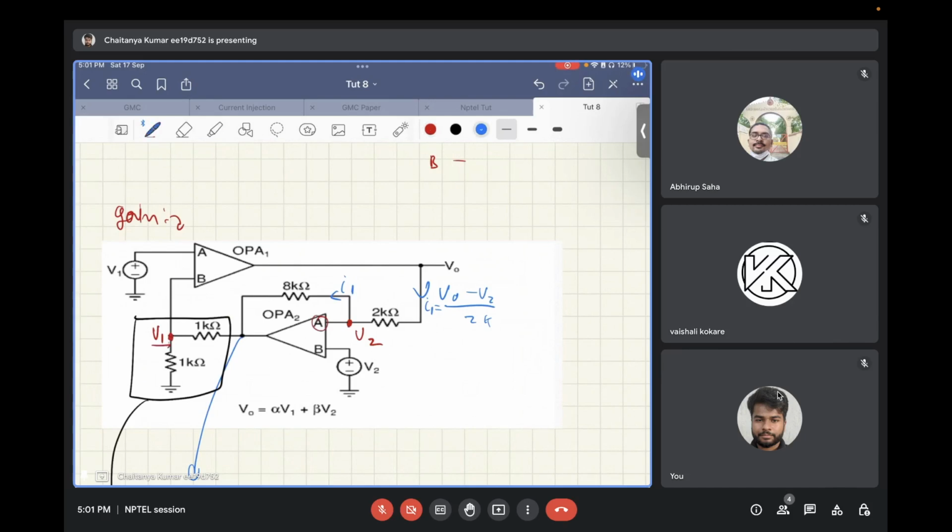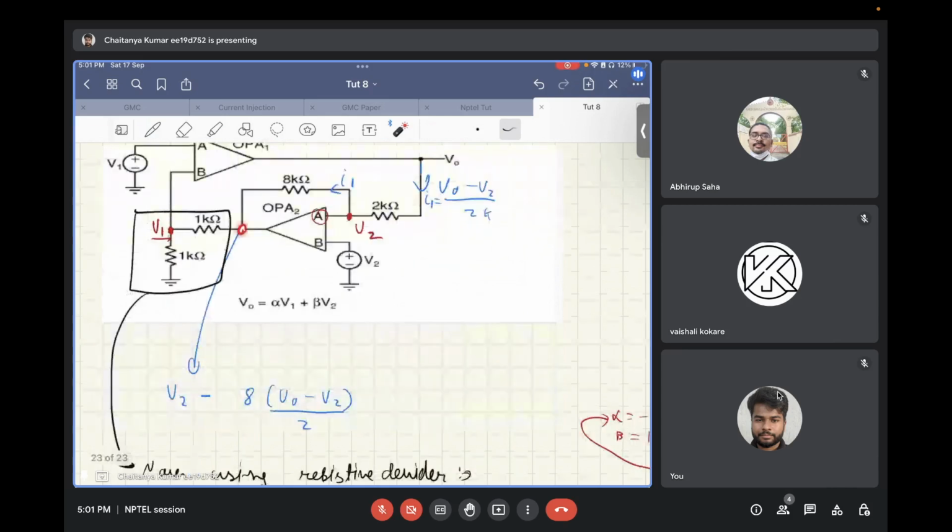Now the current I1 that is flowing from V naught to V2 is V naught minus V2 by 2 kilo ohms, and the same current flows through this 8 kilo ohm resistor also. So at the output of this 8 kilo ohm resistor, you have V2 minus 8 times I1.